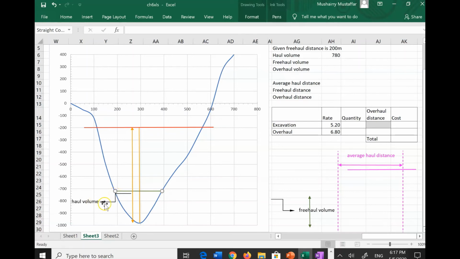Let me move this so it's not in the way. Now, since we have put that distance in, that vertical distance is the freehaul volume.